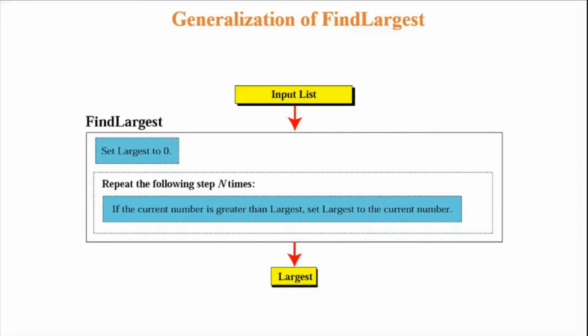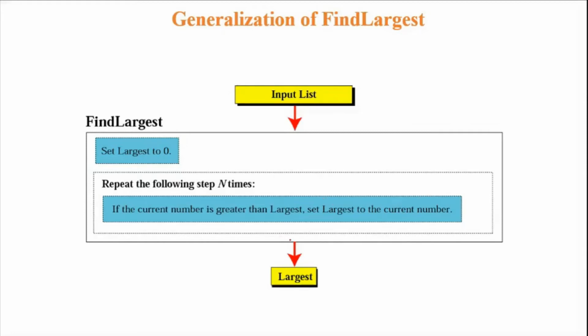So here the algorithm is like this. In the first step, we set the largest to 0. Then in the next step, we repeat the following step n times, where n is the number of items in this particular array. The step to be repeated is: if the current number is greater than the largest, set the largest to the current number.